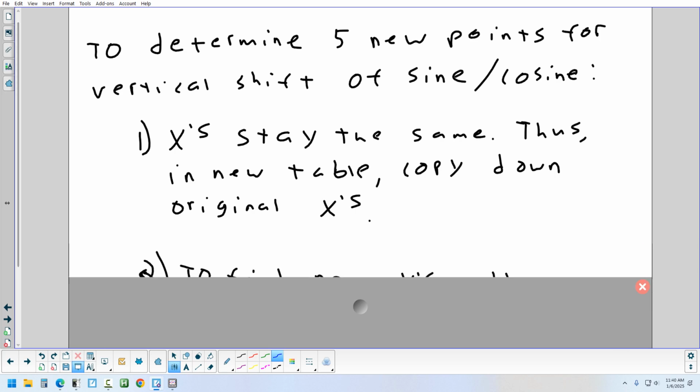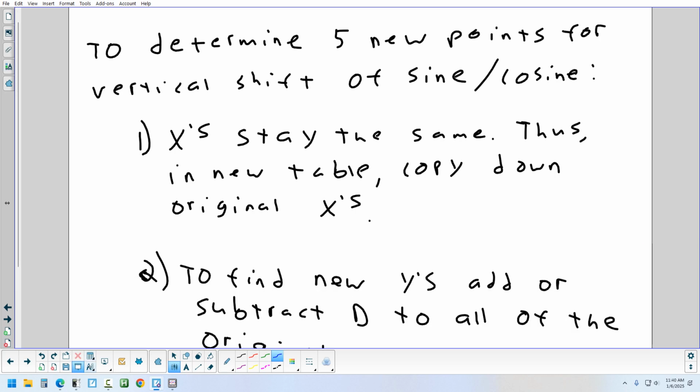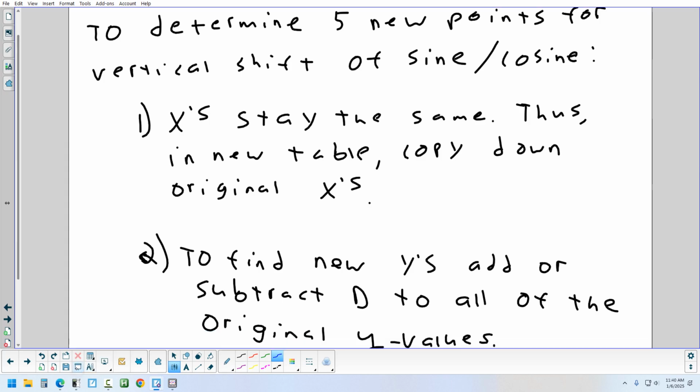Okay, so if x's are staying the same, y's are going to change. To get the new y values, you either add or subtract from the old y value, d. Don't do the opposite of d. Don't do the opposite. We never have for a vertical shift. Okay.